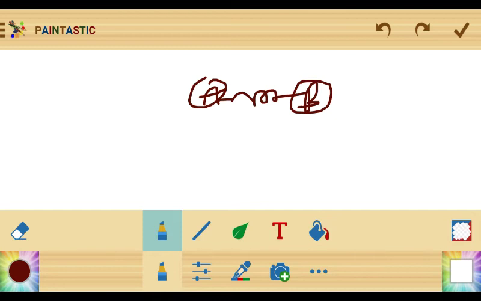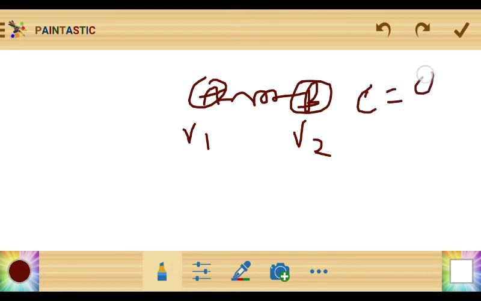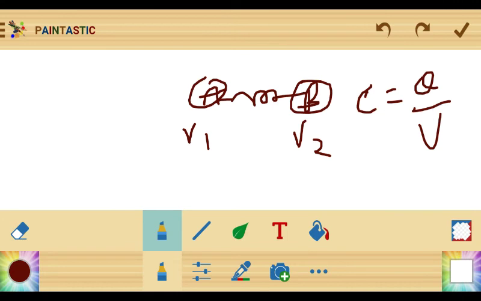Charge has a tendency to flow, but that depends upon which is at higher potential. A is at potential V1 and this one at V2, depending upon how much charge and how much capacitance they have. As we know, C is equal to Q upon V. The charge will obviously flow from A to B or B to A, depending upon which conductor has higher potential.